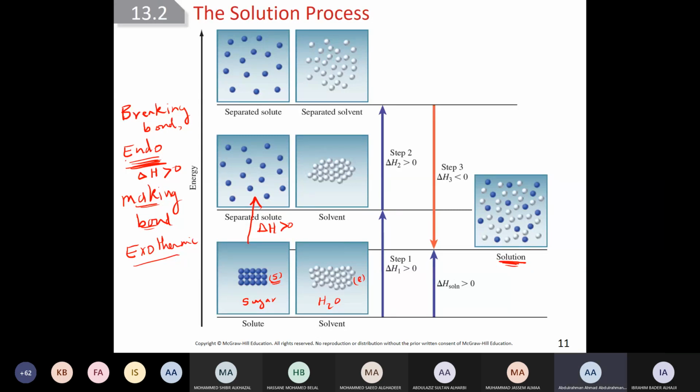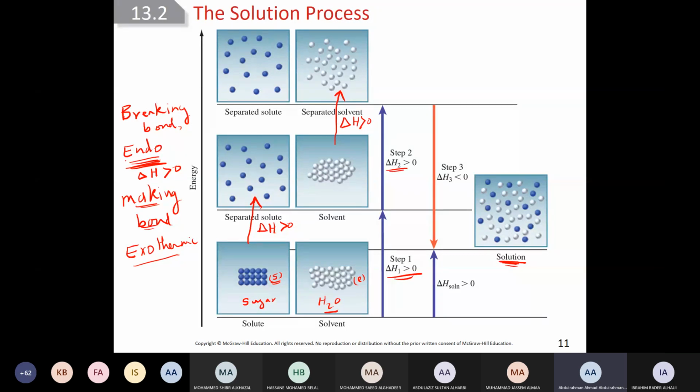Now, from here to here, we break the bonds between the water molecules. Is this endothermic or exothermic? Also endothermic, so delta H is greater than 0.